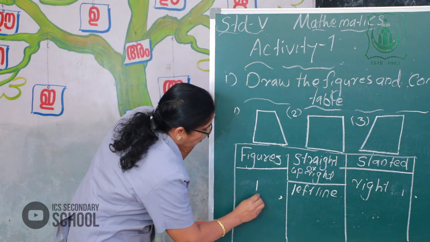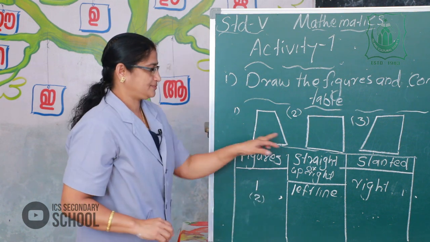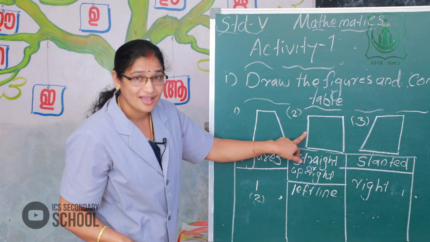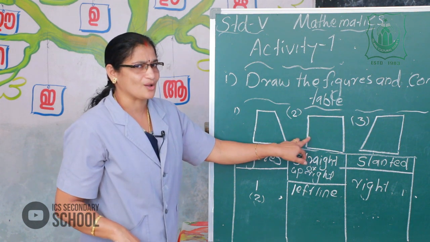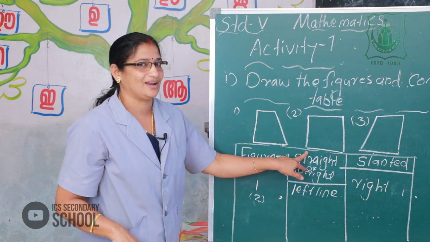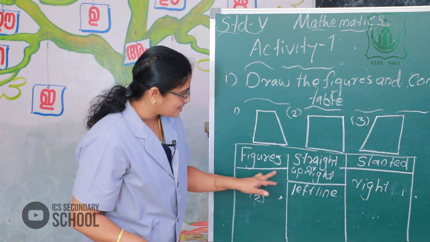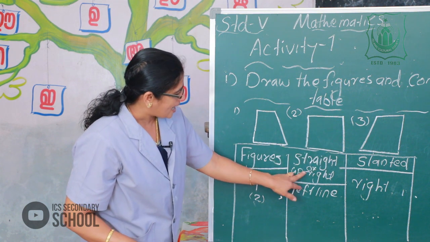And figure 2. How many sides in this figure? 4 sides. This is a square. All sides are equal. Left and right sides are upright, in straight position. No slanted. And next, figure 3. Left line, slanted. Very good.